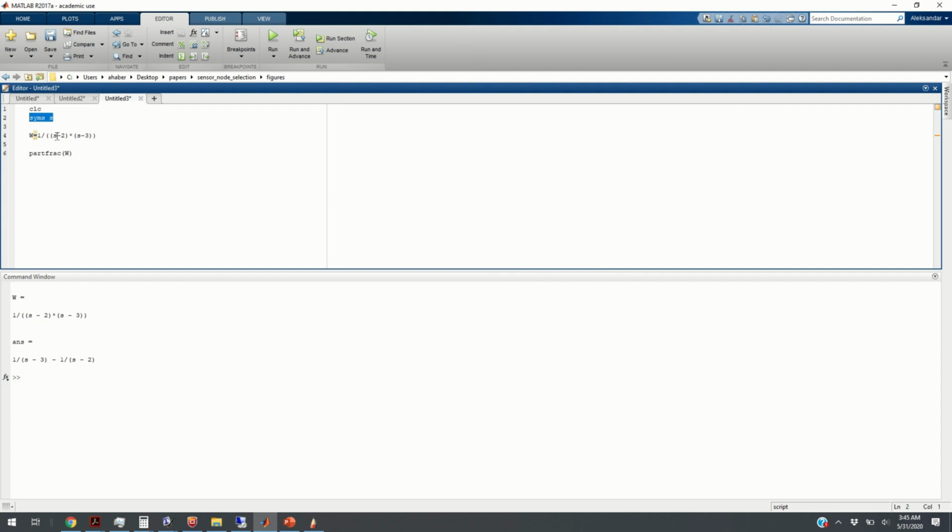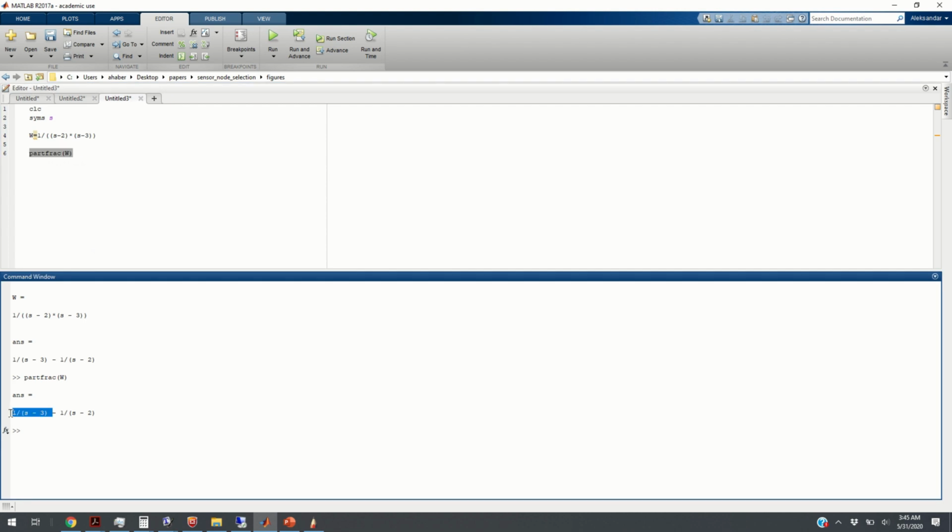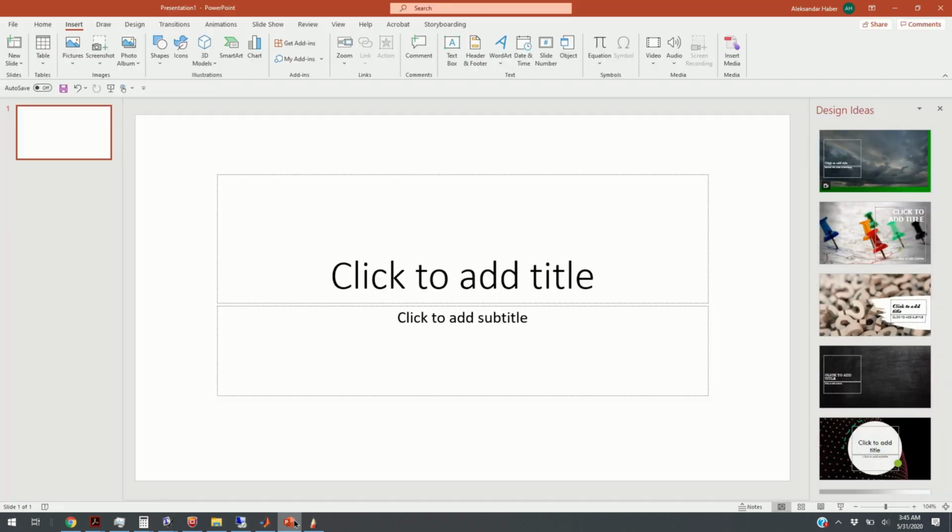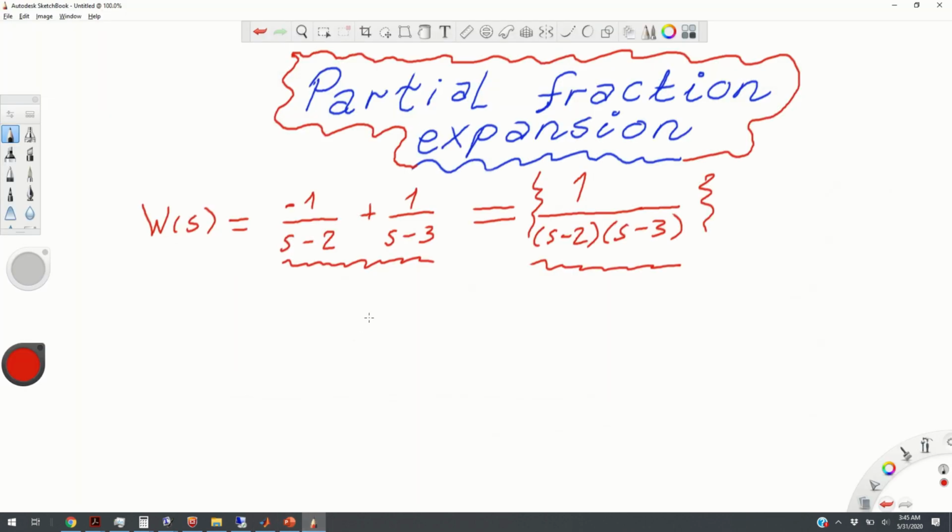Then I define the function W(s), our rational function, and I use the built-in Matlab function partfrac to compute the partial fraction expansion. As the result, you obtain this term and this term. So A is minus 1 and B is 1. So you can see that with a few lines of Matlab code, you can verify this.